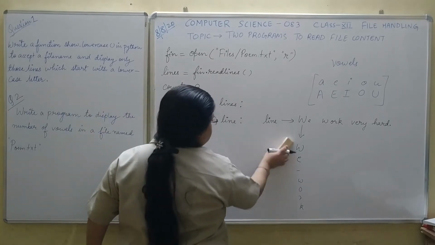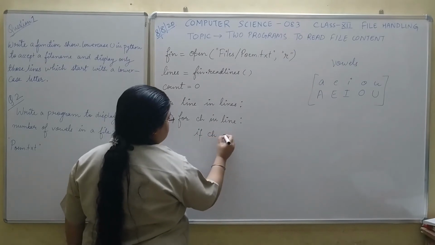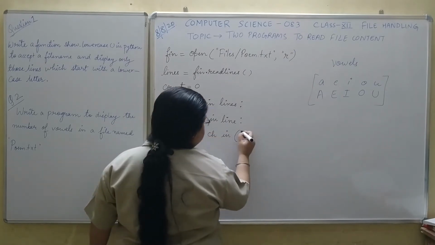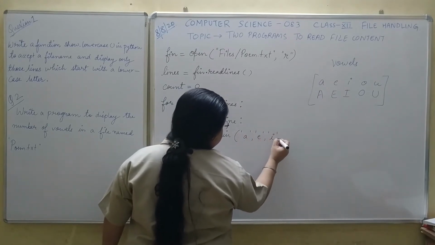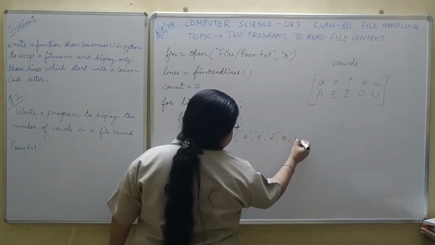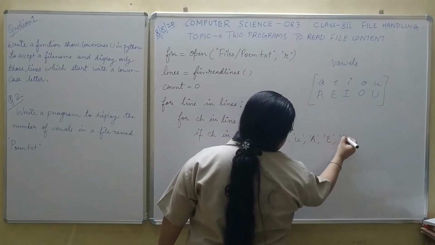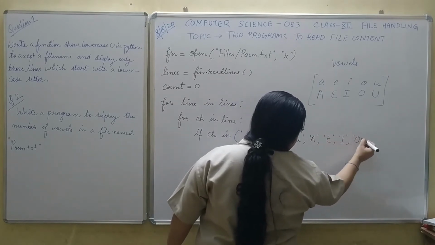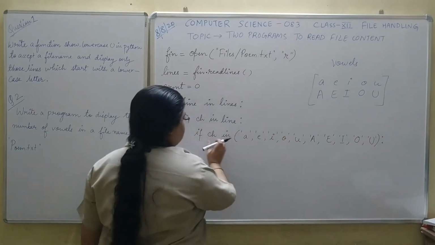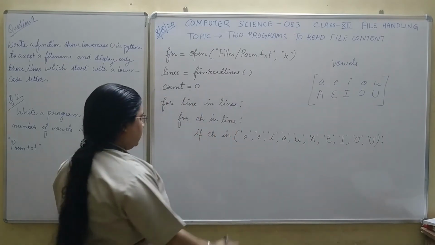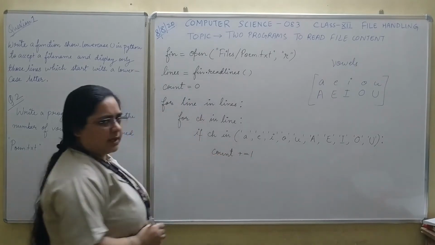So now we will see how we can work on this. If ch in the list of vowels, that is, if ch falls within any of these values, then count has to be incremented by 1.